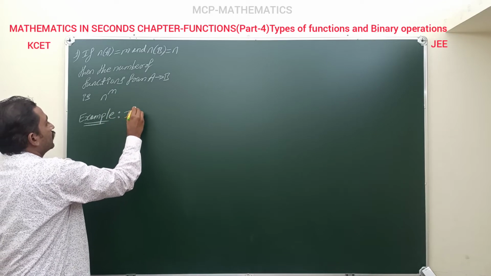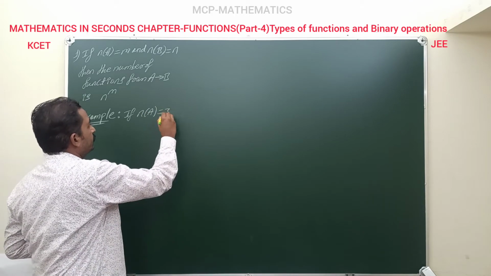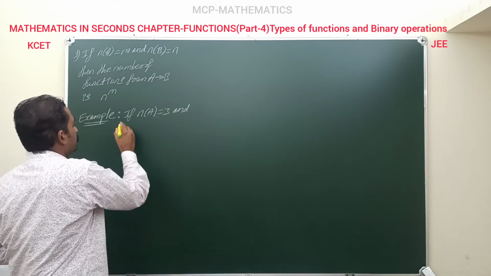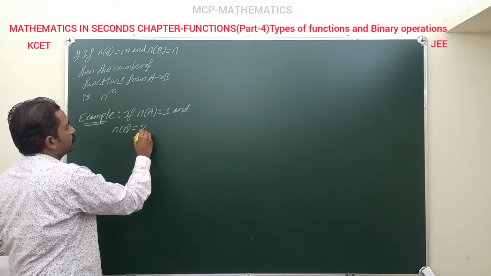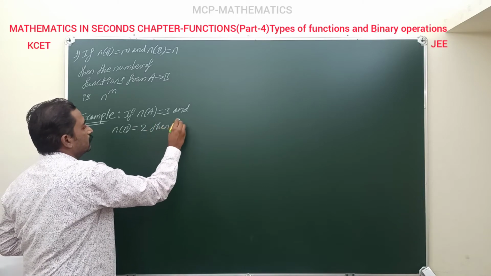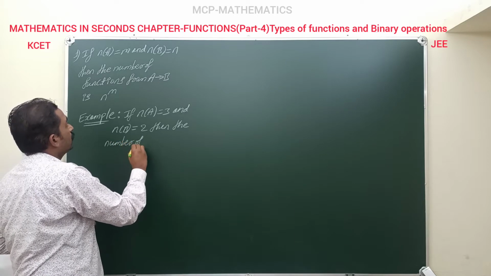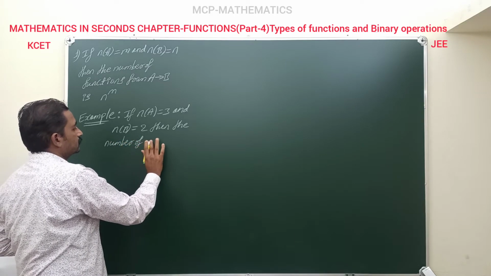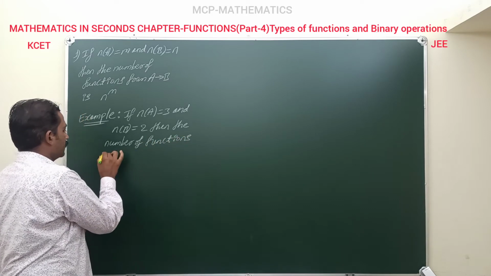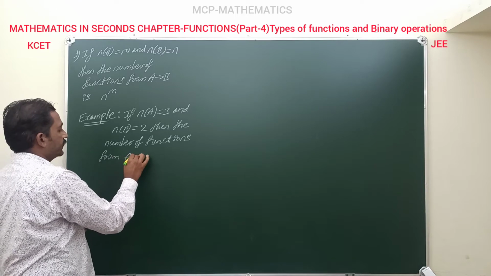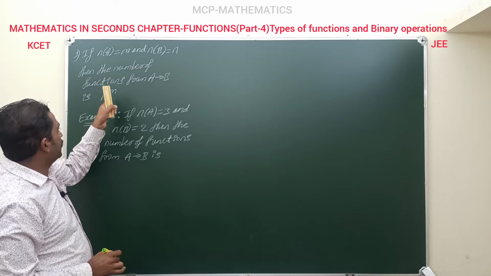If n of A is equal to 3 and n of B is equal to 2, then the number of functions from A to B is n to the power of m.